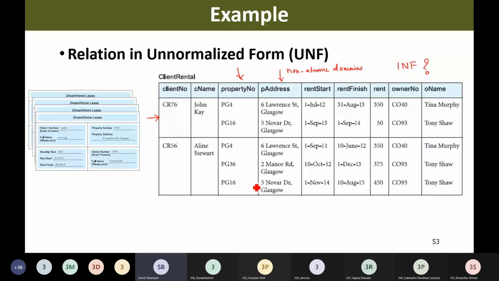The reason is these attributes have non-atomic domains. And that is why this particular relation is not in first normal form. So, if we want to convert this relation, which is in unnormalized form, into 1NF, we have two approaches. Right?